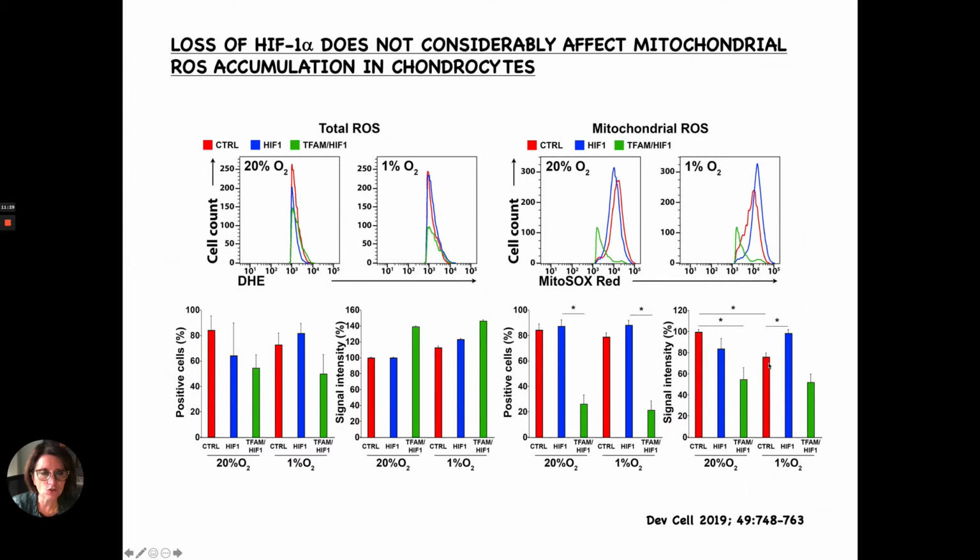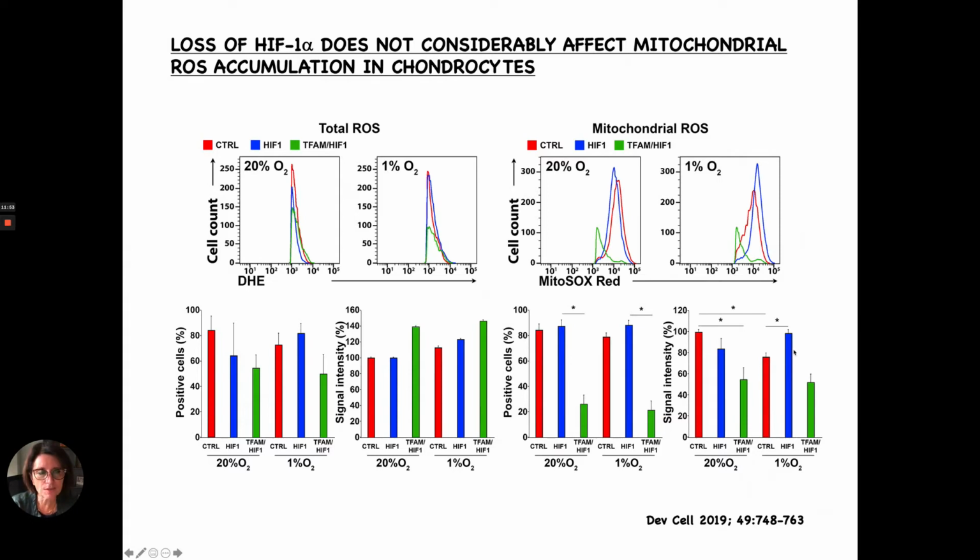When we measure ROS in wild-type hypoxic chondrocytes, we clearly see that hypoxia decreases ROS accumulation in wild-type cells. And this is prevented by loss of IF1, so it is IF1 dependent.